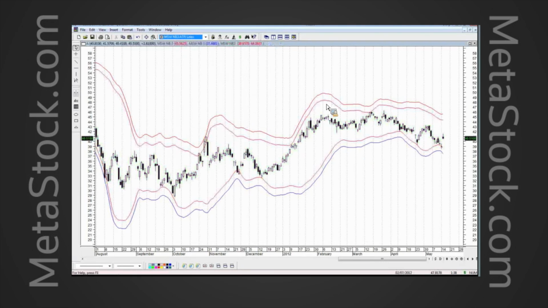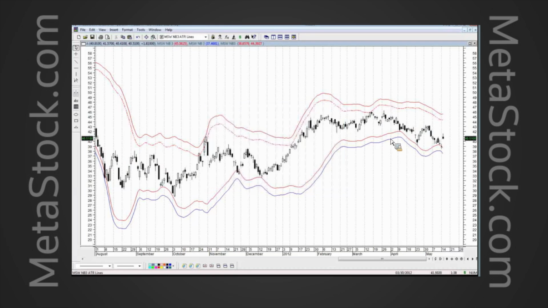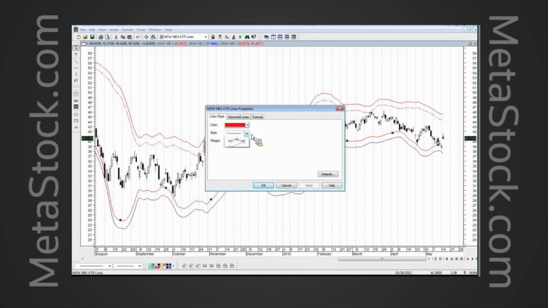So here we go. I've just plotted the ATR zone lines inside of that. And I'm going to go ahead and just color these. Let's go with that. So the resistance qualities of MetaSwing start just inside of those bands.